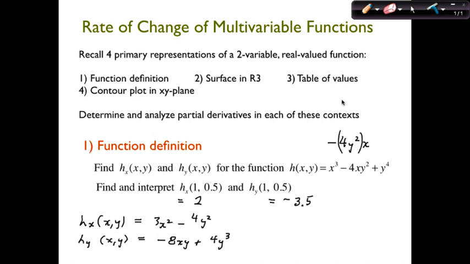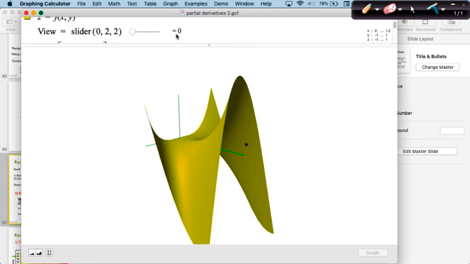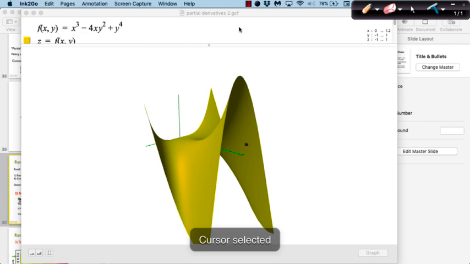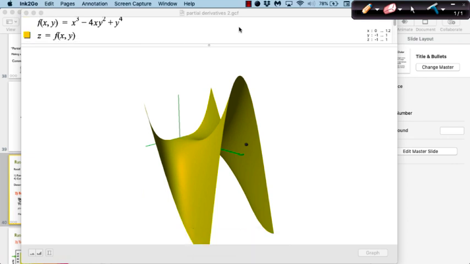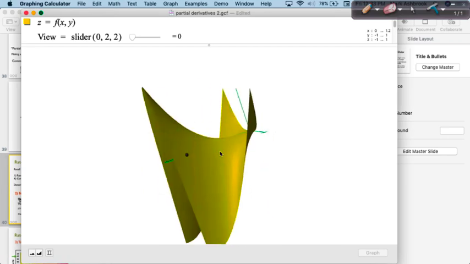We good? So here's that function we just found the partial derivatives for: x cubed minus 4xy squared plus y to the 4th. And here's the point. There's that point. Does it show up?